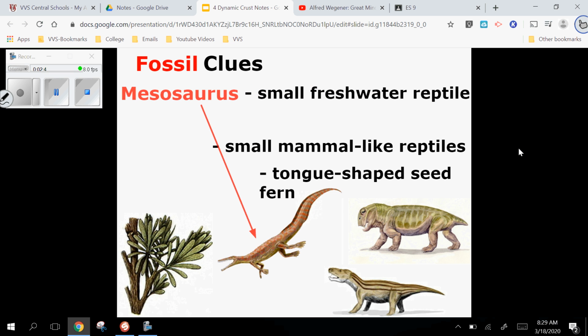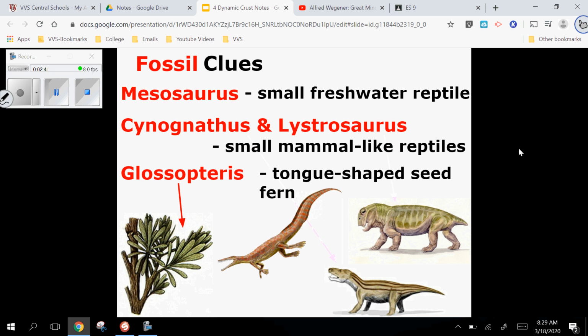All right, we also have some fossil clues. We found the fossils of several freshwater reptiles and a bunch of ferns and things like that. We found fossils of these things on multiple continents. Conceivably, the animals probably could have swum across, but we've studied the anatomies and we've concluded that they're, again, freshwater and that their limbs would probably not have allowed them to swim those great distances across ocean basins.